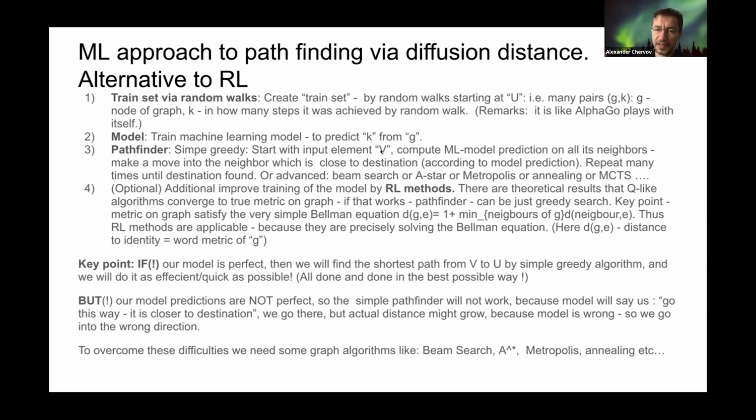For each of these 12,000, we compute the neural network predictions. We sort them in ascending order and choose the top 1,000 closest to the destination. That means the predictions of the neural network are as minimal as possible. This is the inductive step. So we get 1,000, and then we repeat.